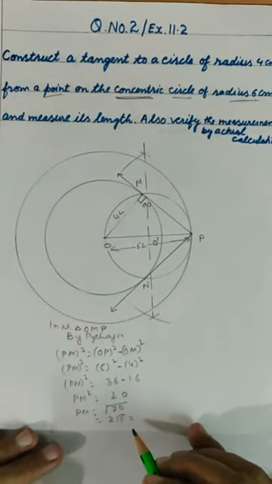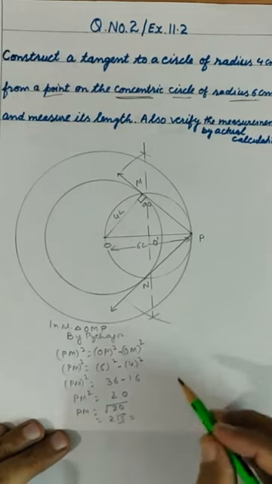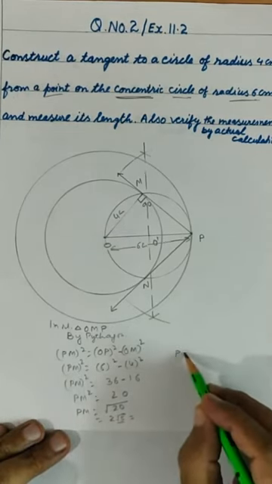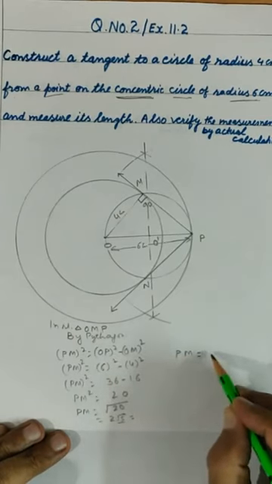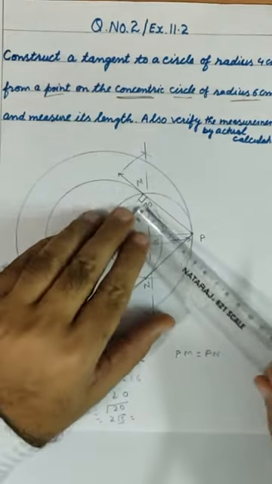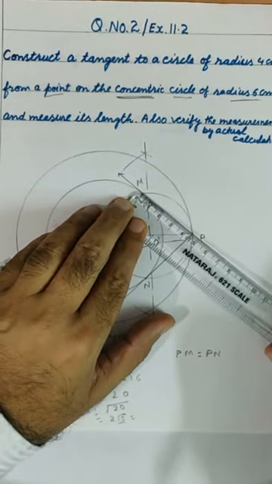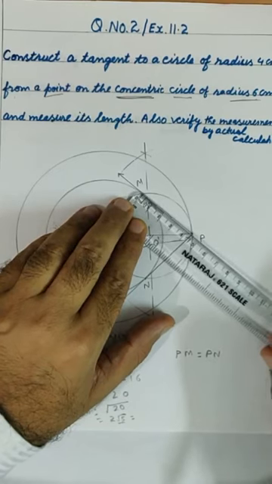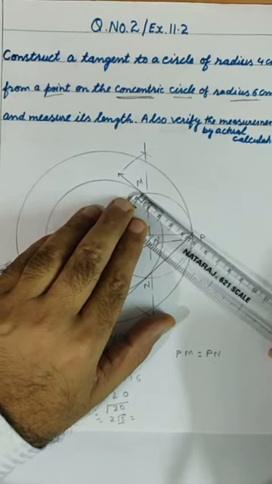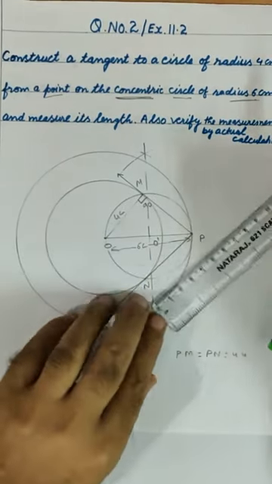So it is 2 point something, but this is for PM equal to PN, and you can measure this from here to this, 4.5 or 4.4 is there, 4.4 you can say, and the same you will find here also.